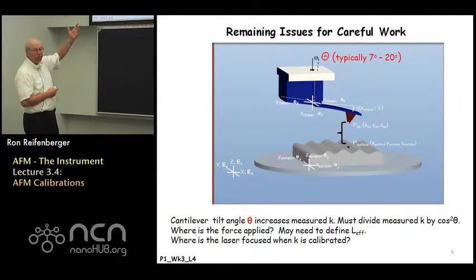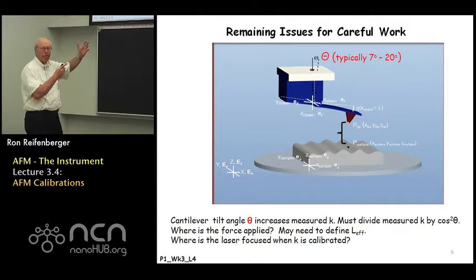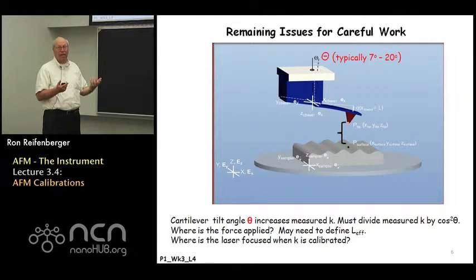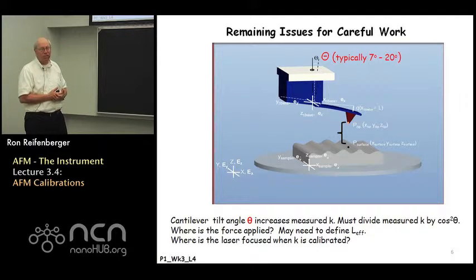Typically that angle is on the order of 7 to 20 degrees. Different companies have different values, but typically it's between 7 and 20 degrees. Well, that angle, if you follow it through logically, will affect the spring constant K that you measure. And so if you're really doing careful work, you have to take the cosine squared of that angle into account in order to get a corrected expression for the cantilever spring constant.